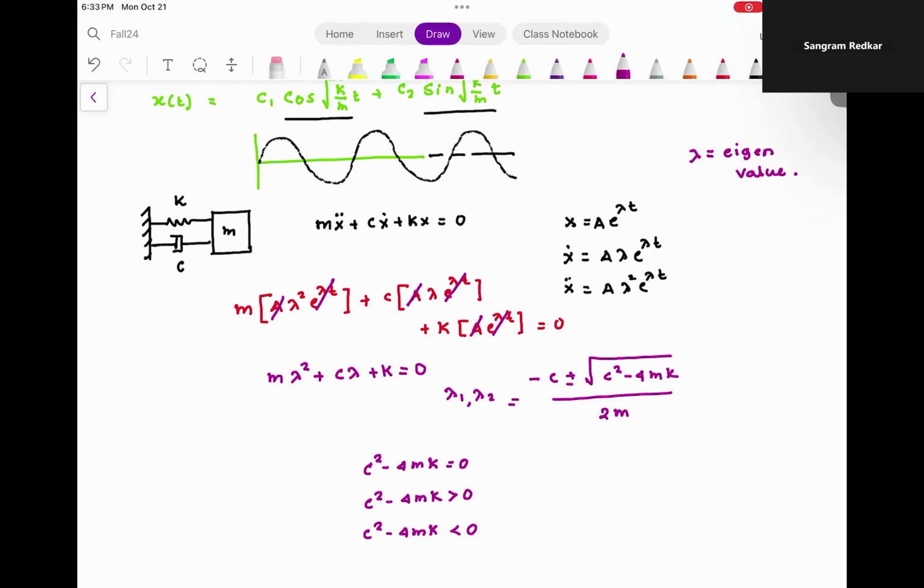For an example, if c square minus 4mk is less than 0, please understand that here you are going to get complex conjugate roots. So the system is going to be underdamped. Now, if you have c square minus 4mk equal to 0, then you do not have any right hand side, so the system will be critically damped.